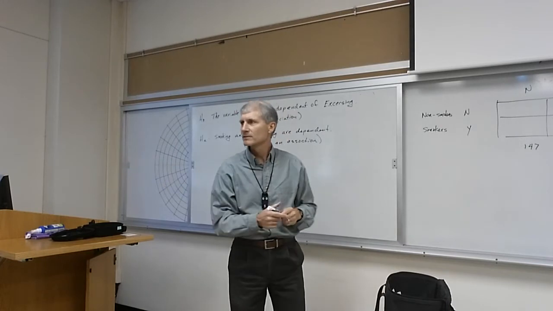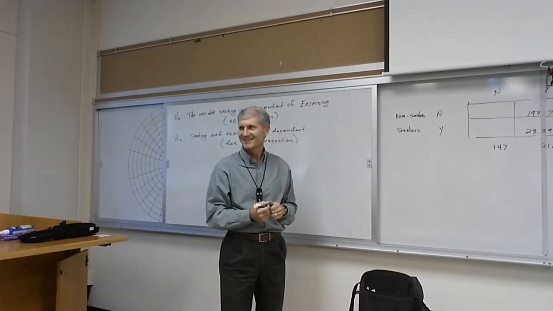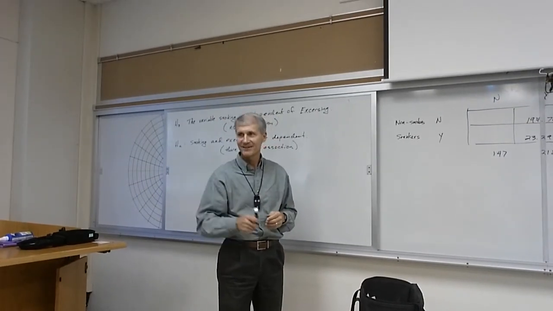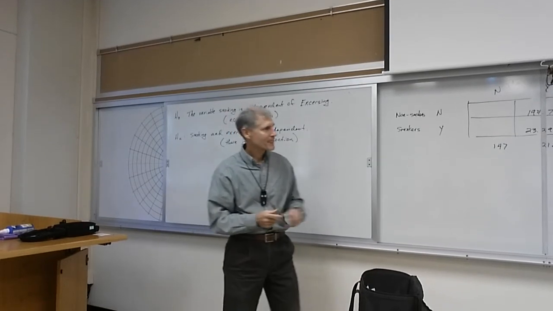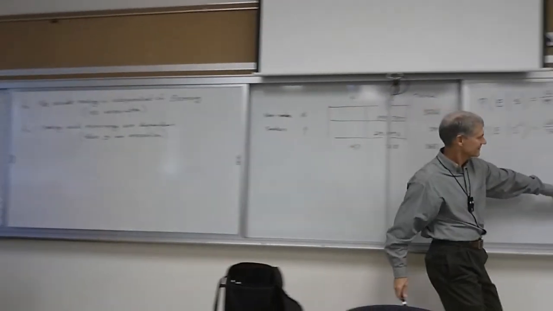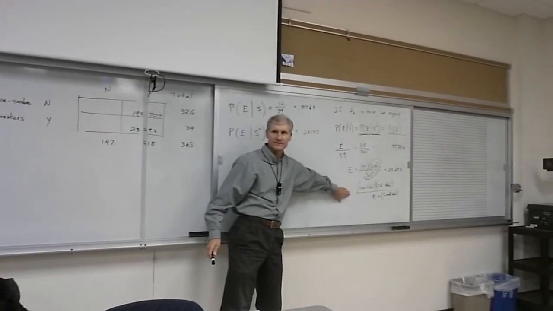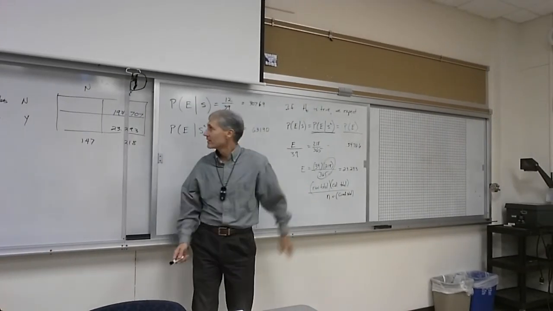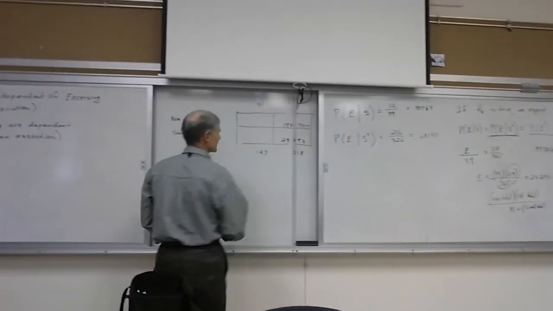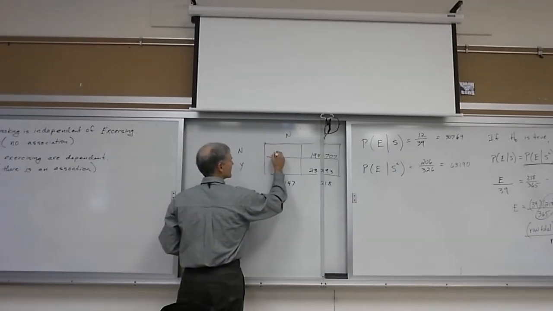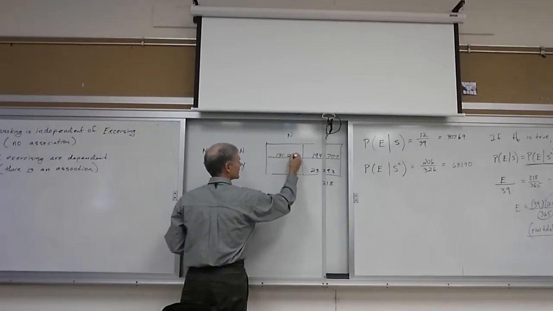Rachel, you got it? Can you repeat what you said? Column total times row total divided by the grand total. Do that. 131.293.